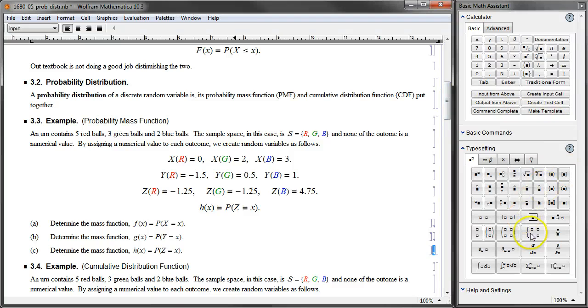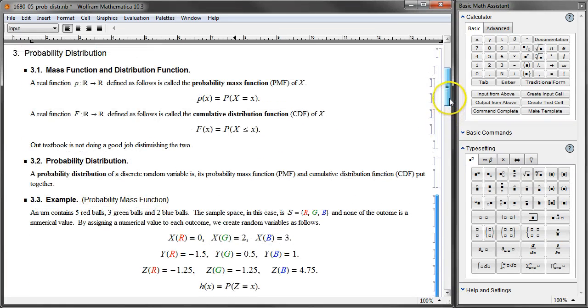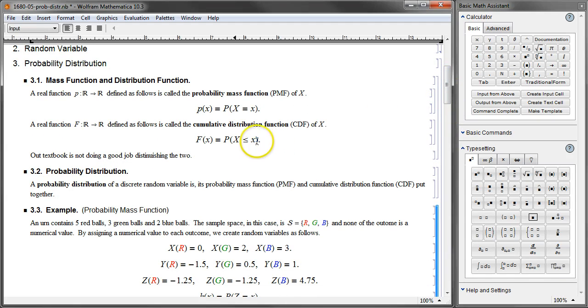Okay, we have a little bit of time left. We're going to talk about the cumulative distribution function in the next video, but let's take a little bit of time to explain it. Mass function is defined like this: the probability that this random variable takes that particular value. Cumulative distribution function is the probability that the random variable takes that value or less.